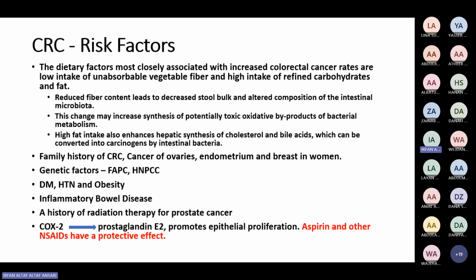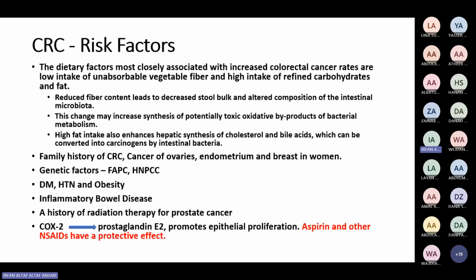COX-2 is an enzyme, okay? And this COX-2 converts to prostaglandin E2, and this prostaglandin E2 promotes epithelial proliferation. So COX-2 inhibitors such as NSAIDs like aspirin have a protective effect against colorectal carcinoma.